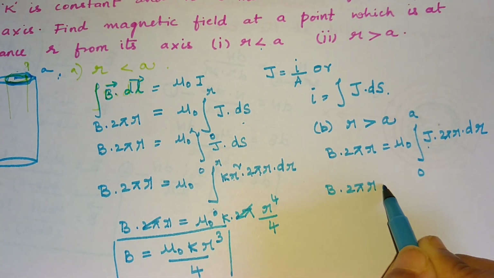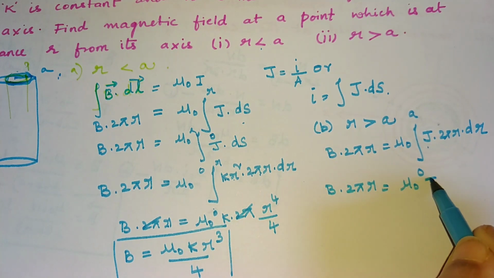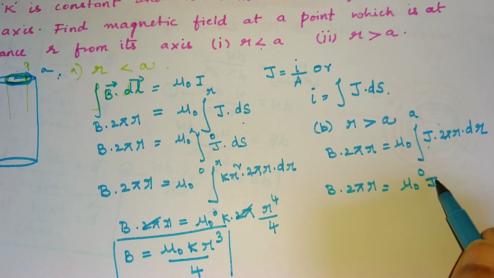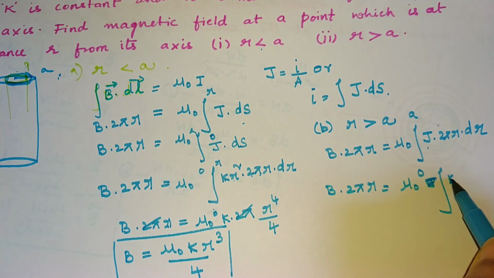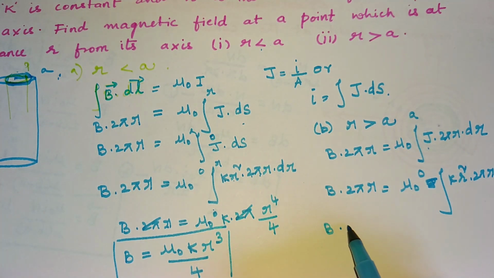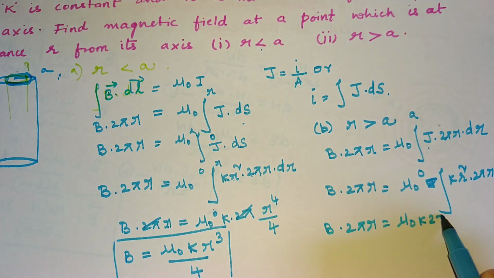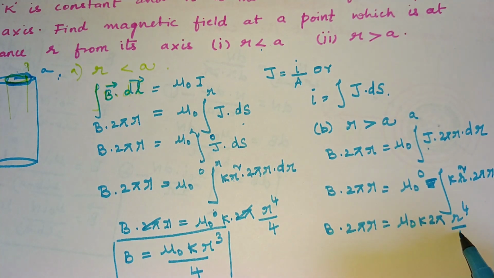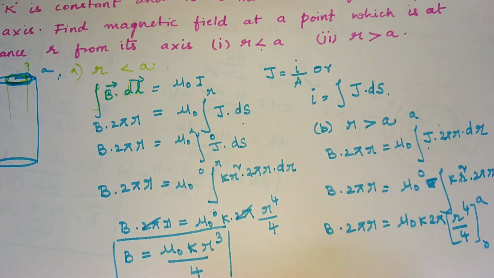B into 2 pi r is mu naught, J is not constant, it's kr square, into 2 pi r into dr. Remove the constants outside. K comes out, 2 pi comes out. r square into r is r cube. The integral of r cube is r to the power 4 by 4, but the limits are from 0 to A.